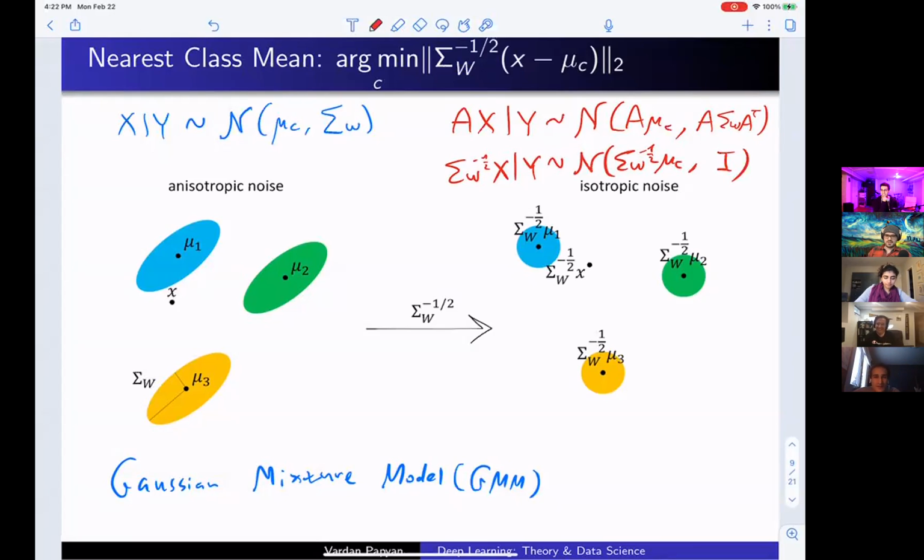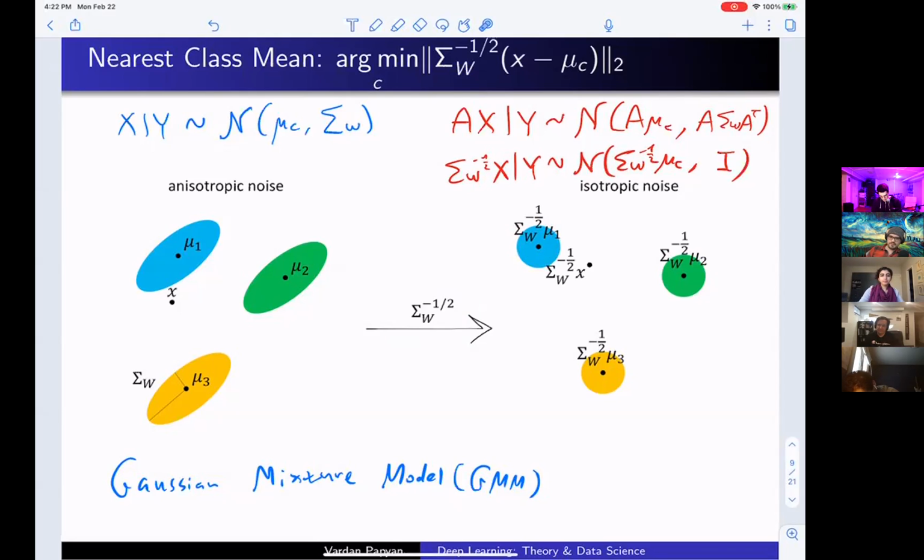This is magical because you've managed to take this unpleasant anisotropic noise, which no one likes. Whenever you see anisotropic noise, the first thing you should do is make it isotropic, because people like isotropicity. It's very pleasant to work with, right? Once we transform our features through sigma W minus half, we get this beautiful isotropic noise.